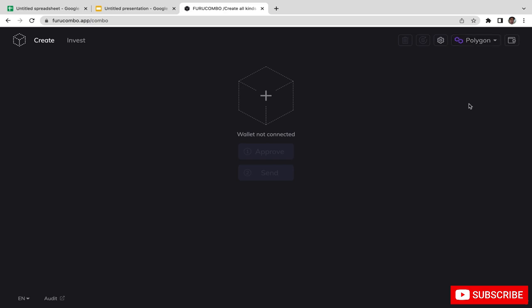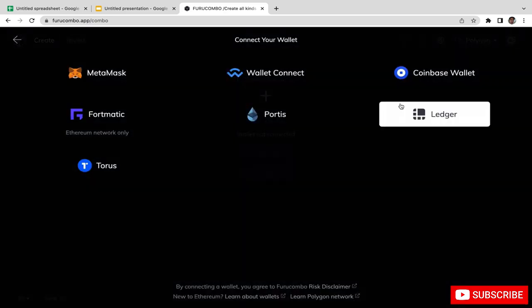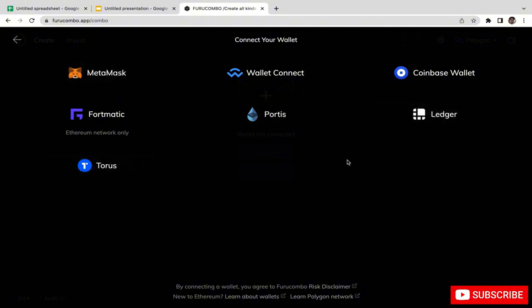Okay, so also click on this wallet sign, and here are 7 wallets supported by Furucombo. You have MetaMask, Wallet Connect, Coinbase too, right? So if you have Coinbase, it's available here. Fortmatic, a wallet commonly used for storing your Polygon Matic, Portis, Ledger, and Torus.